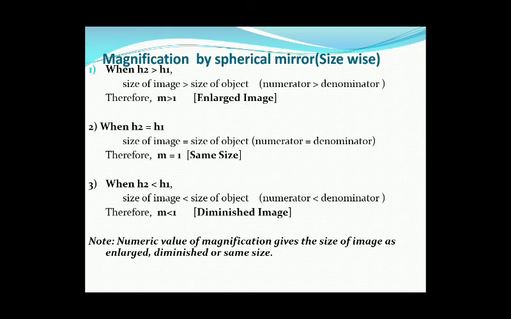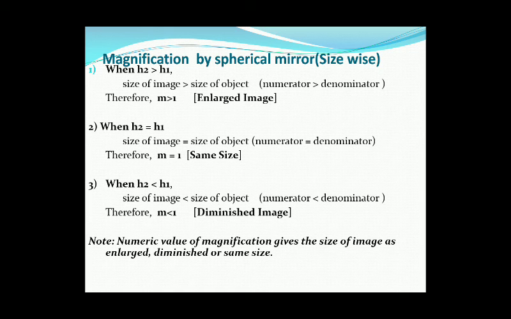Now, when we are comparing, according to the first formula, m equal to h2 upon h1. h2 is the size of image and h1 is the size of object. If h2 is greater than h1, it means size of the image is greater than size of object, or we are obtaining the enlarged image.